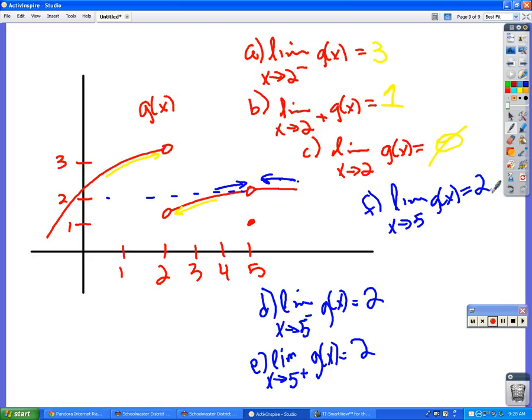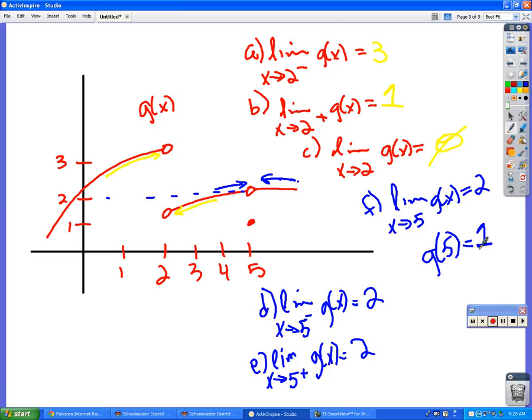Okay? But then the wacky part of this is, what is the value of the function when x equals 5? 1. Because this dot right here at x equals 5 matches up with the y value of 1. Okay? So it's okay for the value of the function to be different than what the limit is, but it's not okay for the left and the right-hand limits to be different.